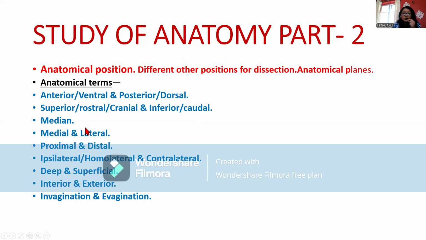Medial and lateral, depending on how close any structure is towards the median plane or away from it. Proximal and distal, ipsilateral or homolateral and contralateral, deep and superficial, interior and exterior, invagination and evagination. All these terms, how they are used, what their meanings are, what their origin is, have all been said in our previous lecture.